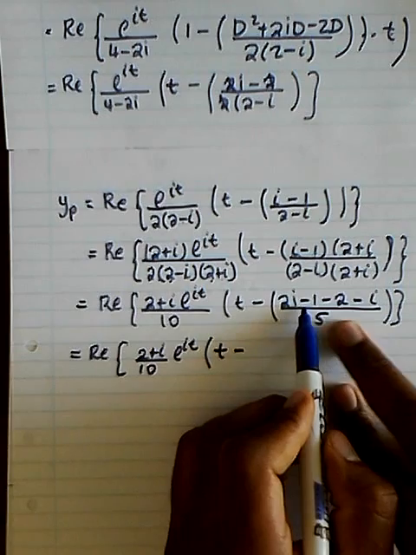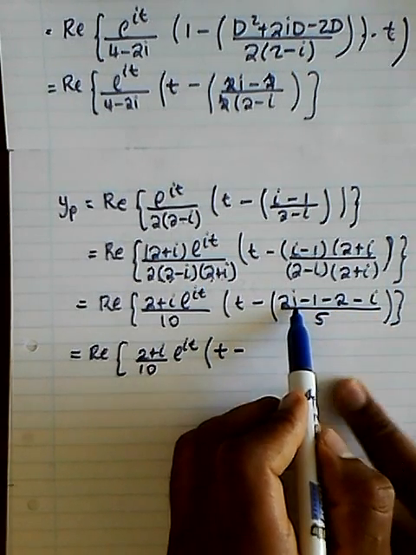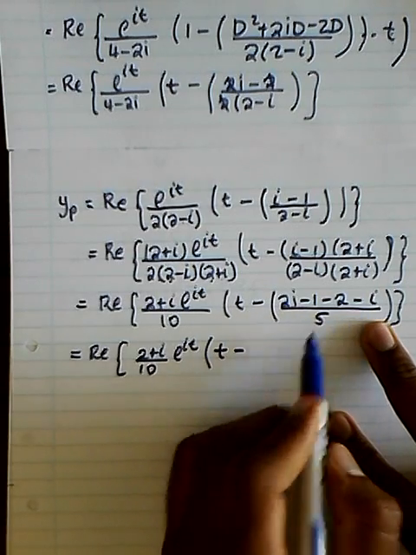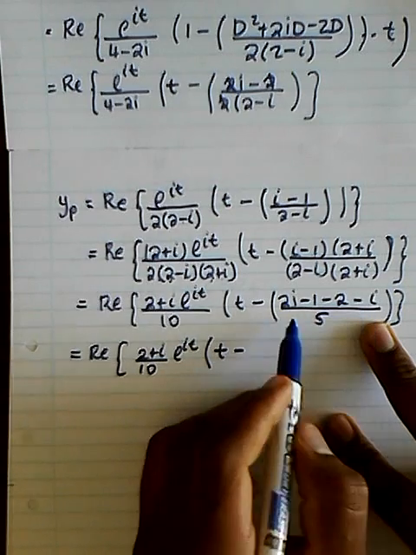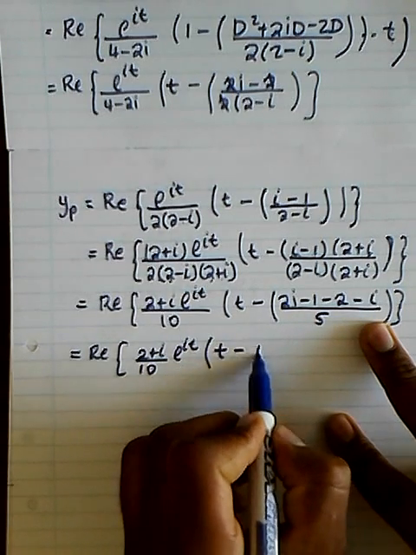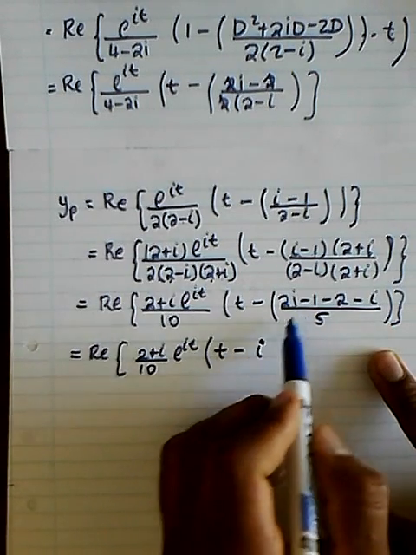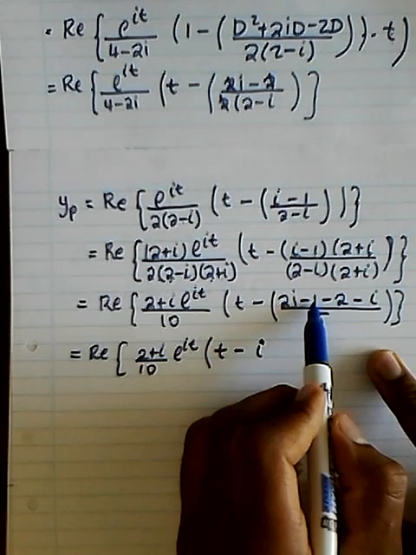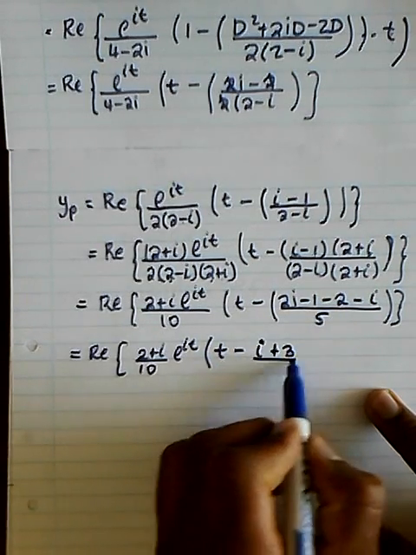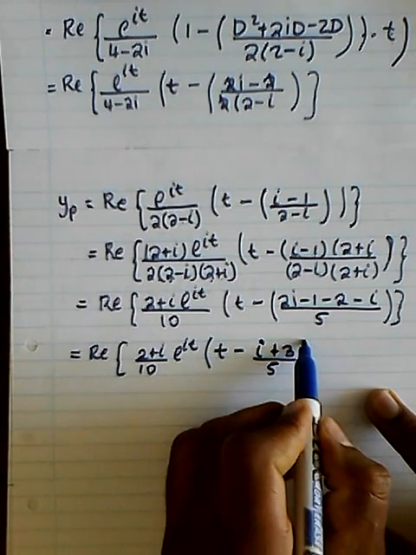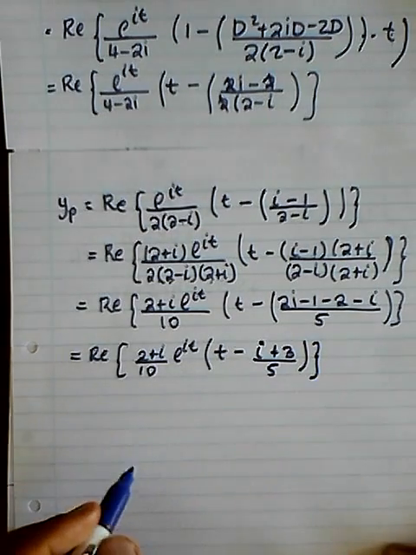When we work this out here, we're going to get 2i minus i. We're going to get i, so take the minus i, and then minus 1 minus 2, we get minus 3, which is plus 3 divided by 5. Okay, and we have that, and we want the real part of this.